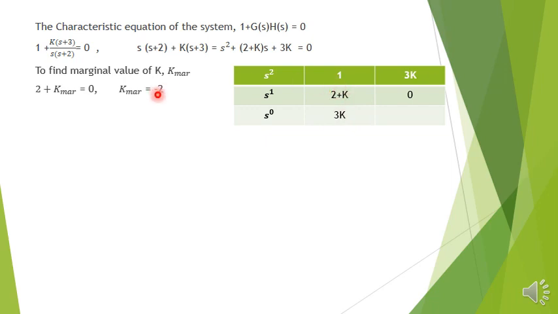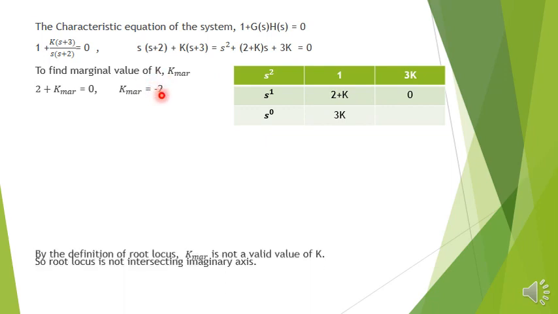But by the definition of the root locus, it is the variation of the closed loop poles as k varies from 0 to infinity. Only positive values of k, 0 to infinity, are valid. But here the row is 0 when k is -2, which is not a valid point.